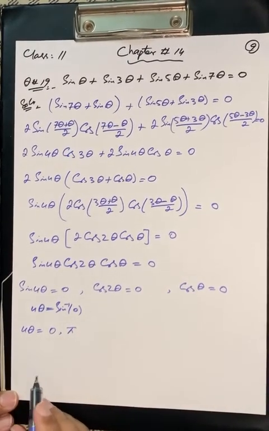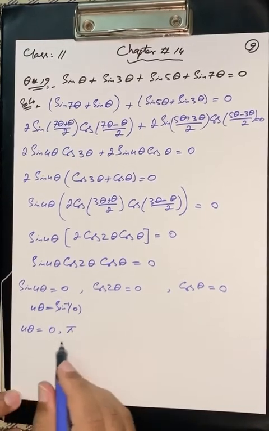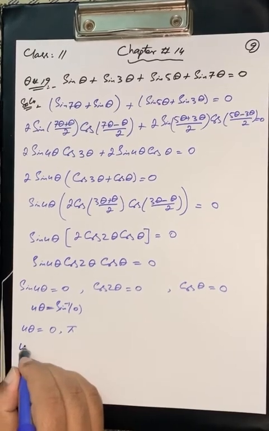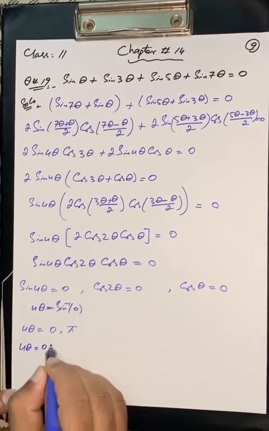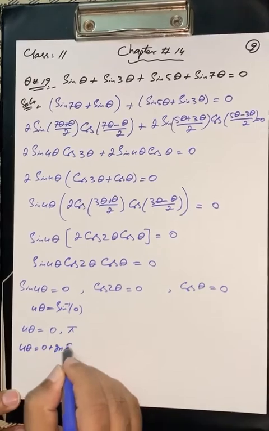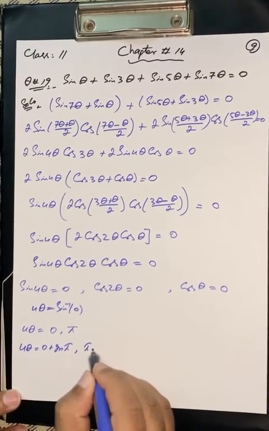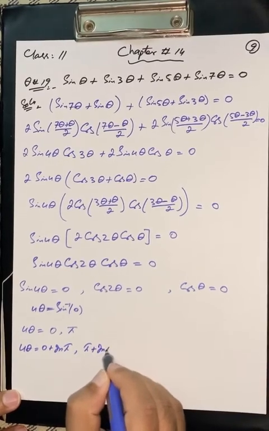Okay dear students, so now we apply the period inside that. Directly apply the period right now, because you know in all questions, 4 theta equals 0 plus 2n pi comma pi plus 2n pi.